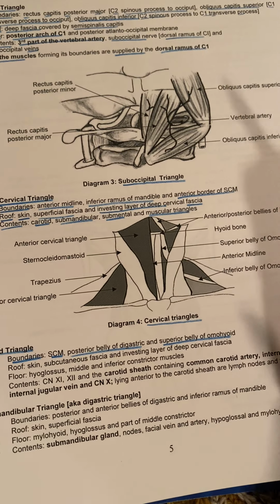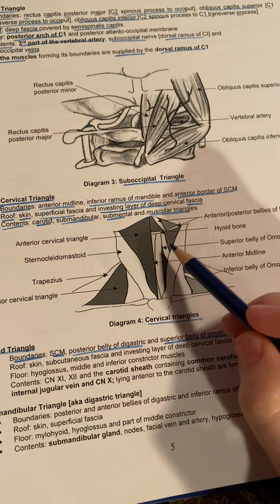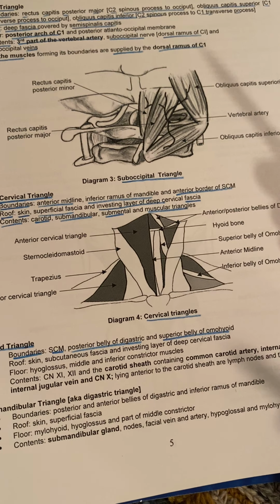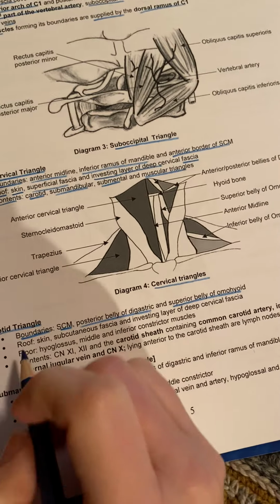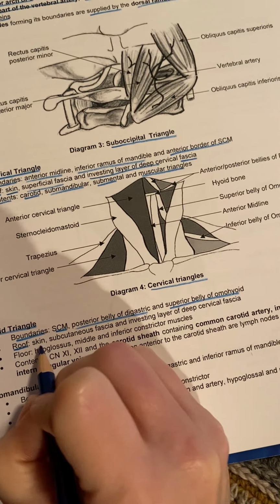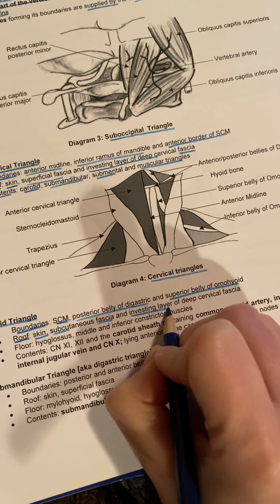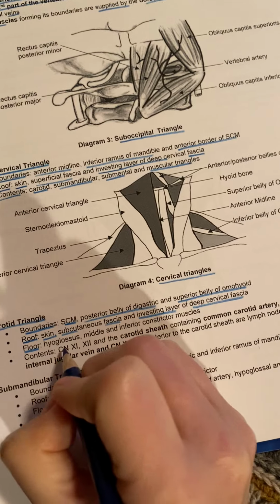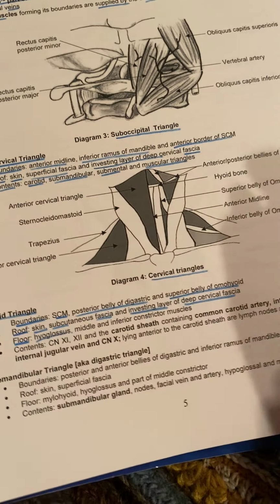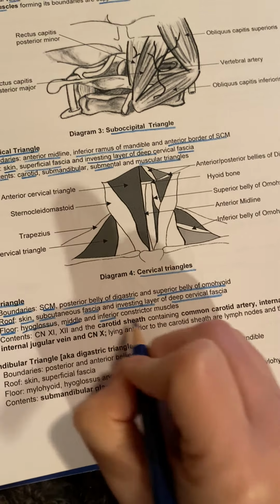The roof of the carotid triangle is the skin, subcutaneous fascia, and investing layer of deep cervical fascia. The floor of the carotid triangle is hyoglossus, middle, and inferior constrictor muscles.